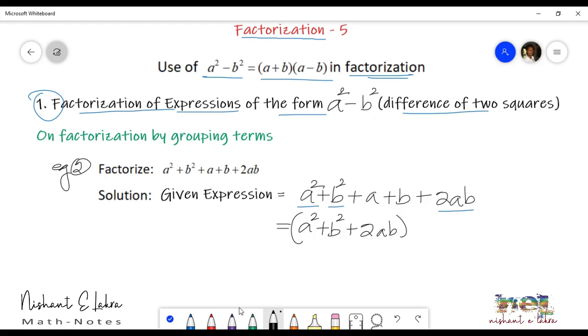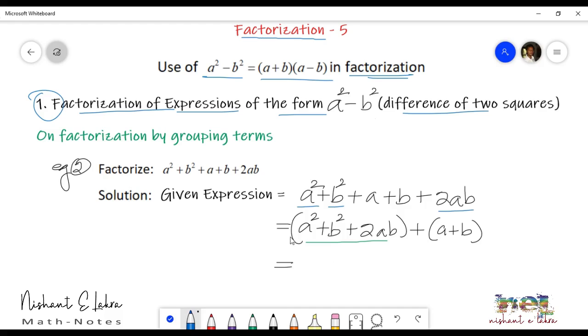So we will separate it, we'll group it: a square plus b square plus 2ab, and the second group will be a plus b. I hope you understand this. We are picking up those terms that form an expansion. That's why we picked up a square plus b square plus 2ab.